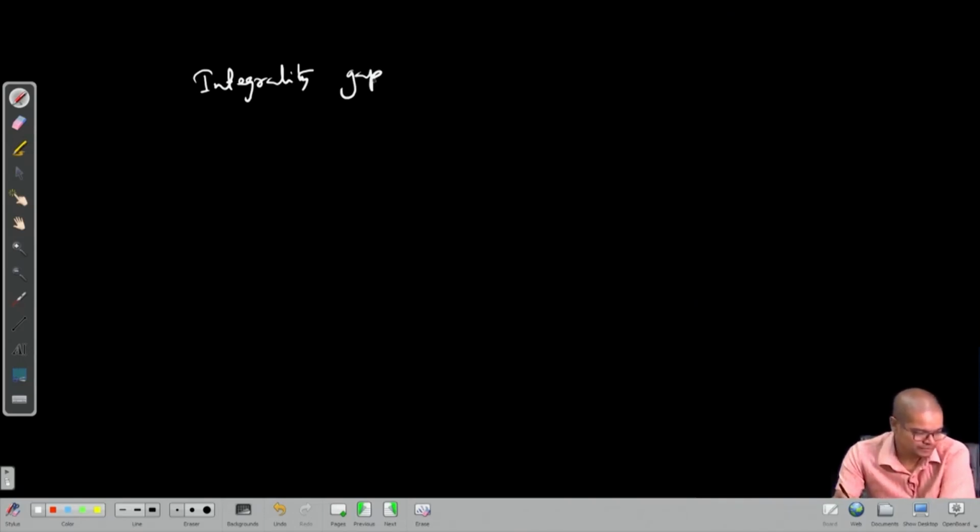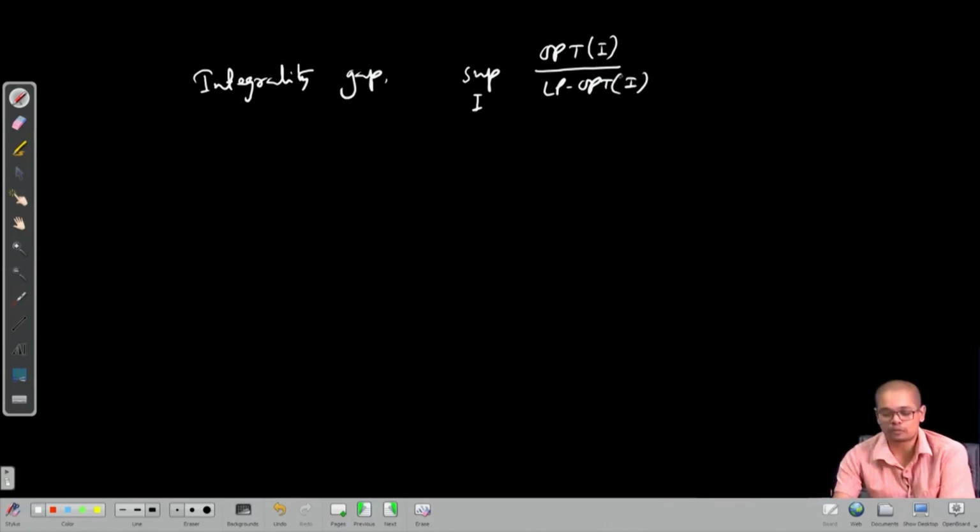Integrality gap is the supremum over all instances of ILP opt, or opt of I, divided by LP opt, because we are using our LP opt as the lower bound.